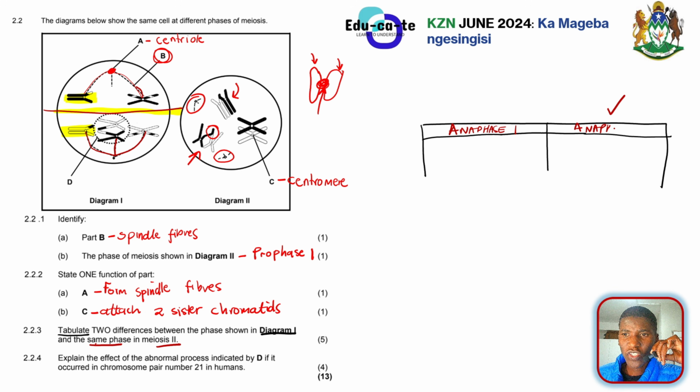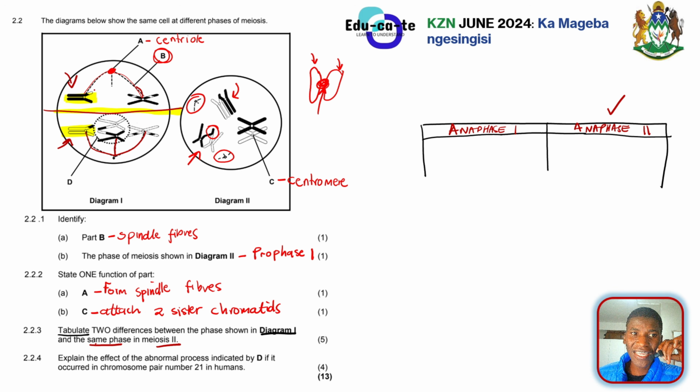So we know that they are quite common, because this is basically the same phase, because we have got something being separated from something. But basically remember the difference here. During anaphase 1, we are separating homologous chromosomes. As I've already said, these chromosomes were lying together at the equator. They are homologous.